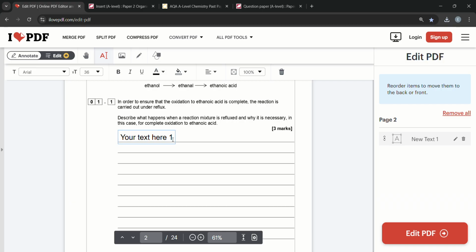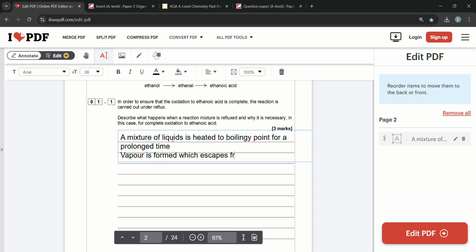So, a mixture of liquids is heated to boiling point for a prolonged time. Vapor is formed which escapes from the liquid.